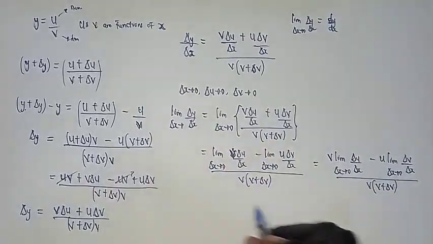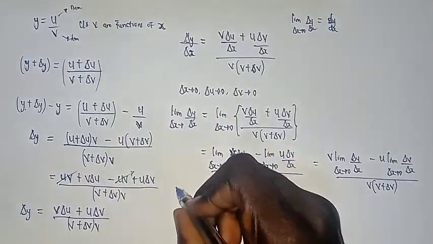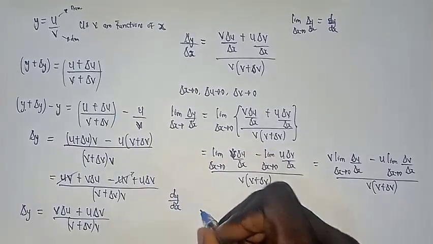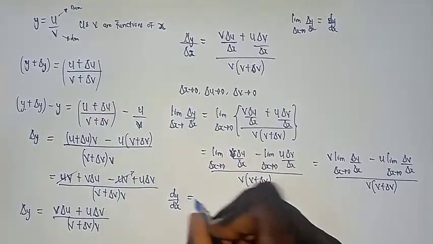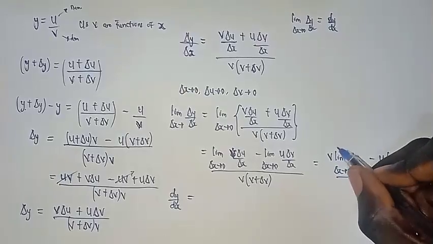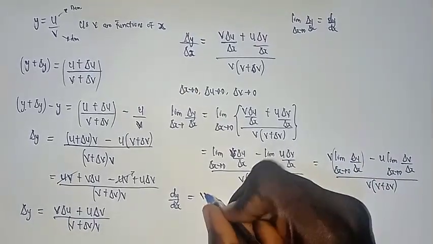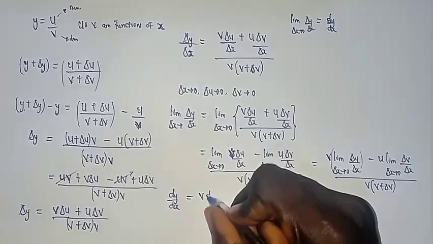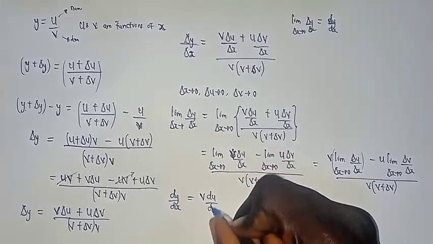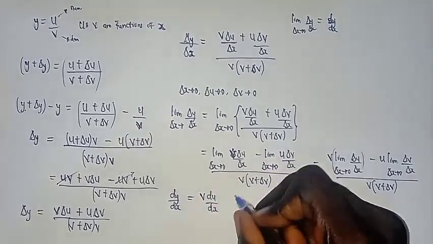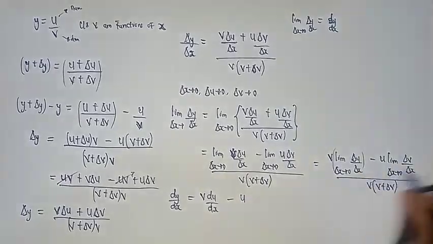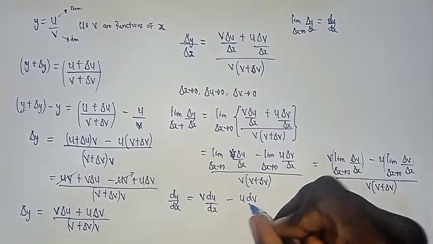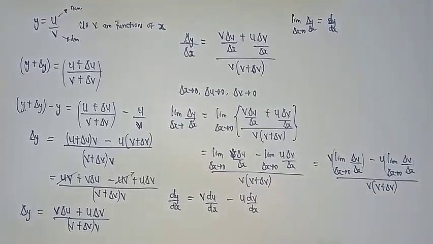So we can write this as dy over dx equal to v du over dx minus u times the limit of this, which is dv over dx.